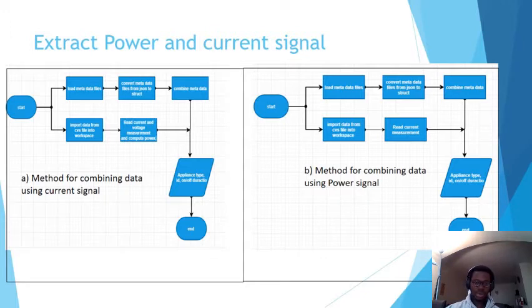And the goal is to combine these files so that you have the appliance type, as well as its current signal measurements, as well as other variables that define the same appliance. A similar approach is taken for the power signal, but instead we have power being calculated by taking the voltage and the current and multiplying them together.